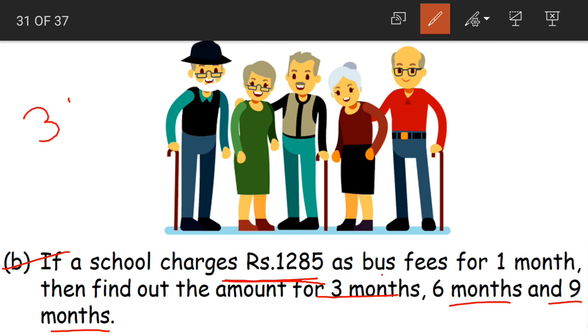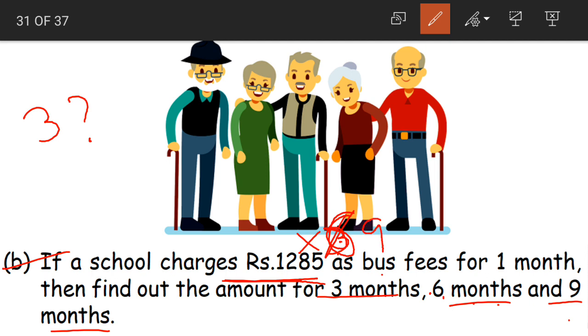Now how much amount is to be paid for 3 months, children? How to find out? Yes, very good. We need to multiply the amount for 1 month with 3. In the same way, to get the amount for 6 months, we need to multiply it with 6. For 9 months, we need to multiply it with 9.